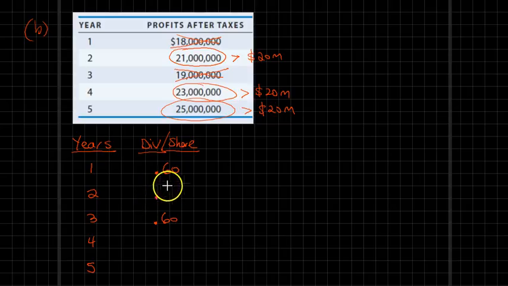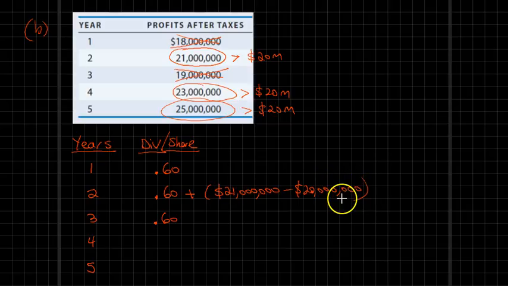In year 2, we will definitely get our base dividend, the small regular dividend of 60 cents per share. But in addition, because our profit exceeded the 20 million benchmark, we should get some more. We first need to figure out by how much we exceeded the 20 million, which is $1 million in this case, and then we will be giving 50% of this exceeding amount.